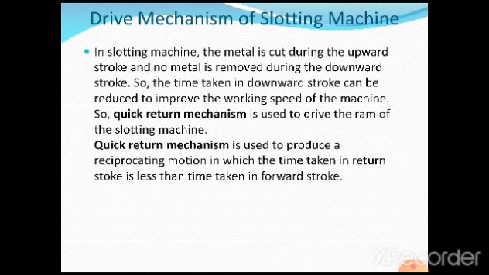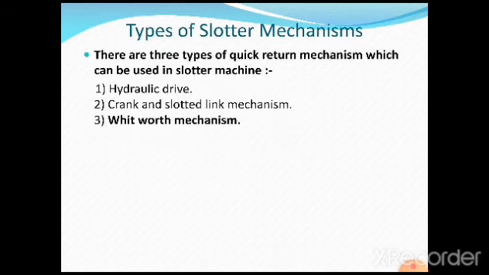A quick return mechanism produces a reciprocating motion in which the time taken in the return stroke is less than the time taken in the forward stroke. This is the basic principle we consider for the drive mechanism of a slotter.